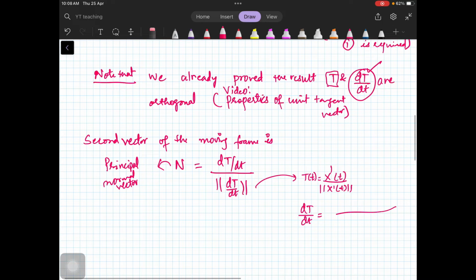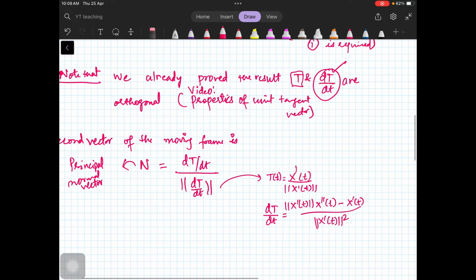You have to use the quotient rule here: modulus squared of x'(t) times x''(t) minus x'(t) times the derivative of modulus of x'(t), all over modulus squared of x'(t).